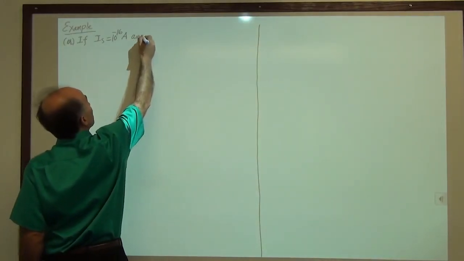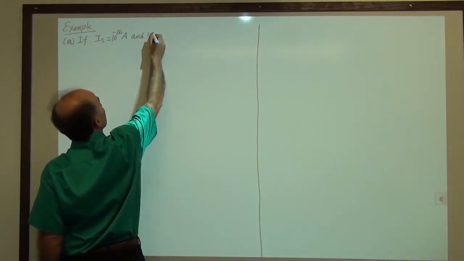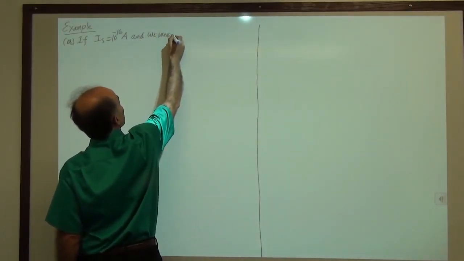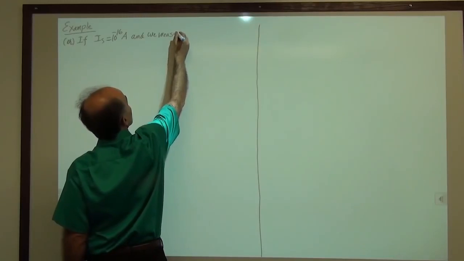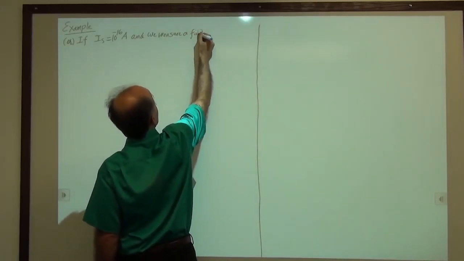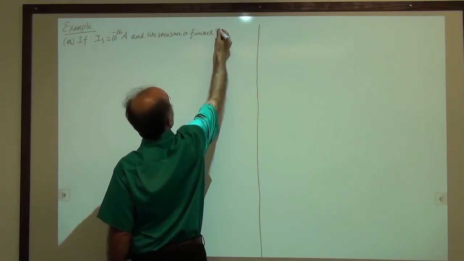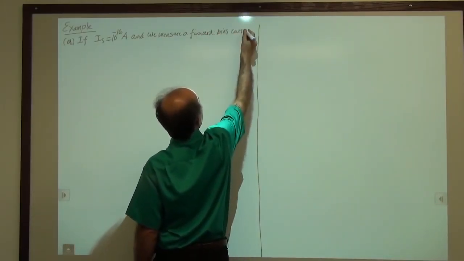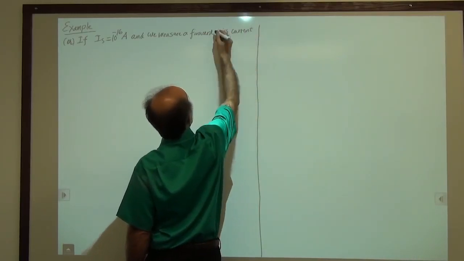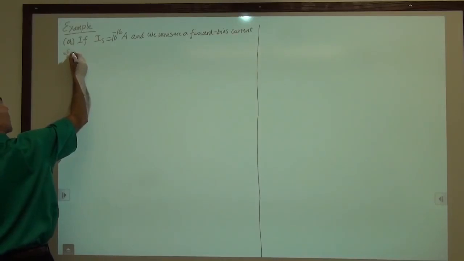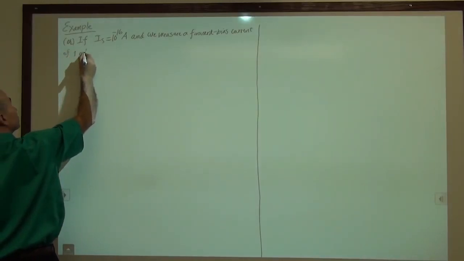And we measure a forward bias current of 1 milliamp.